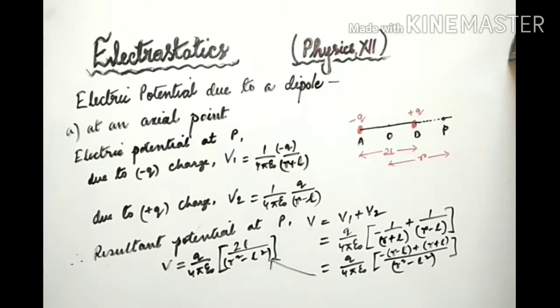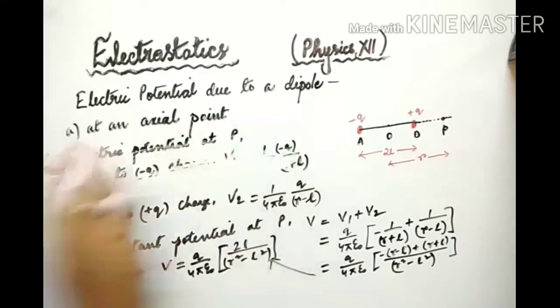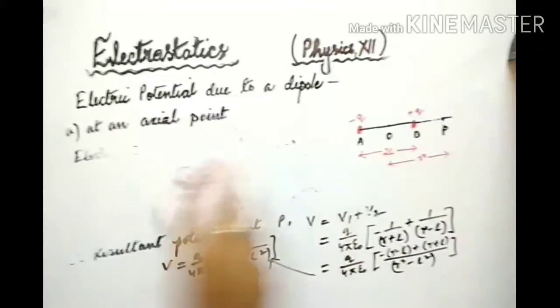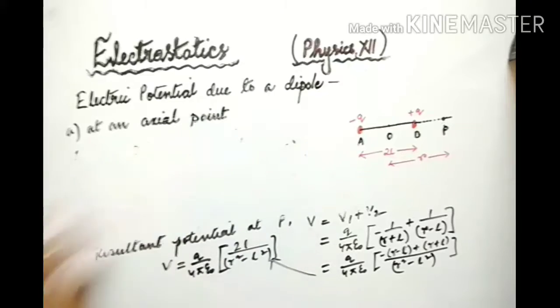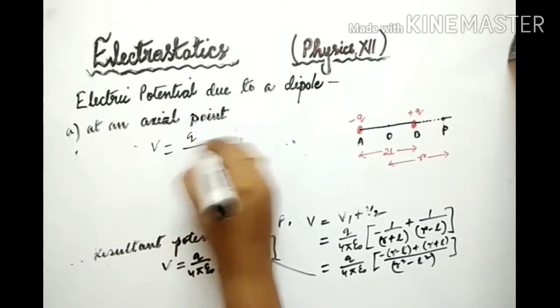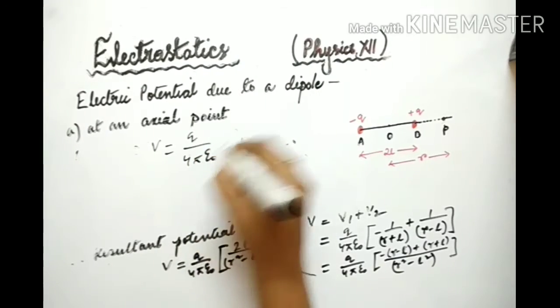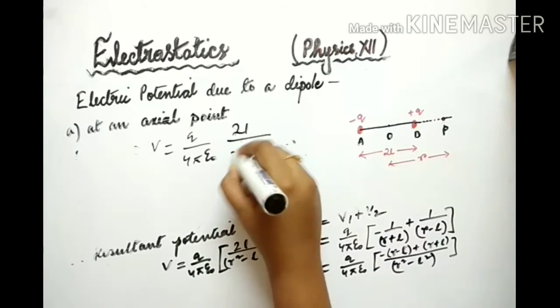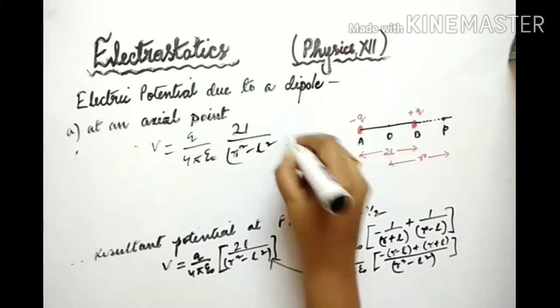So let us erase some of the portions and write this again here. 4 pi epsilon naught, 2L into R square minus L square.